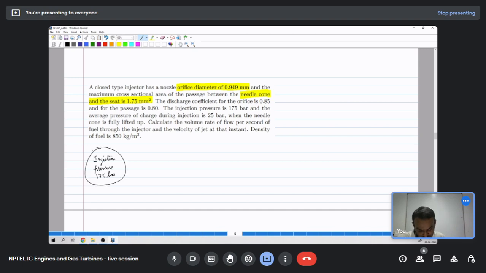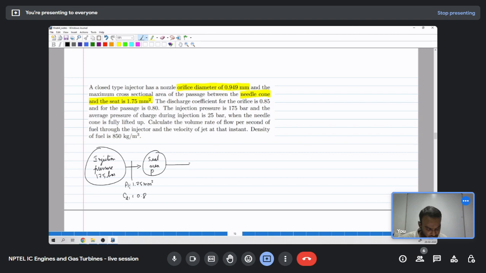So injection pressure of 175 bar is there, and this is connected to the seat area, which will have some pressure P. This is connected by the cross section area 1.75 mm square, which I would say is A1, with coefficient of discharge CD1 of 0.8.